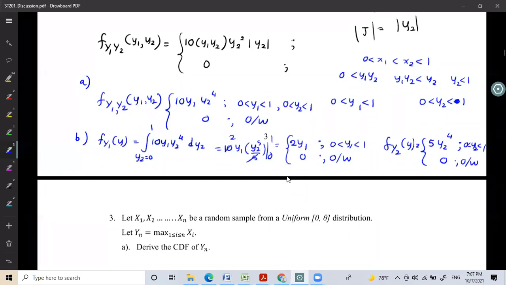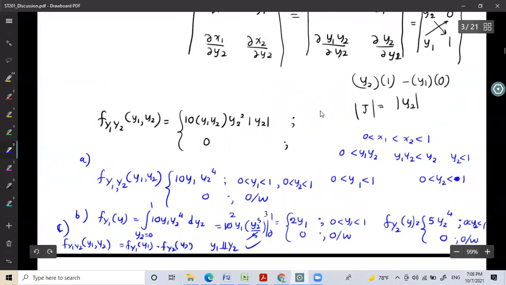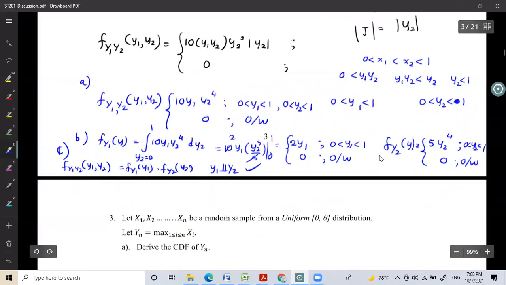So what does that mean? The joint density is the product of the marginals. That means y1 and y2 are independent. So that is part C. Please try this one, the marginal density of y2.